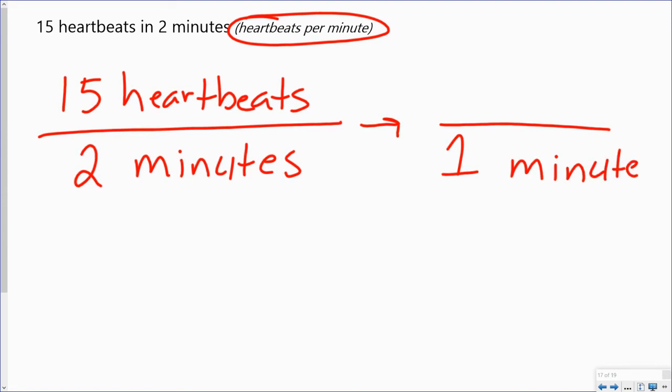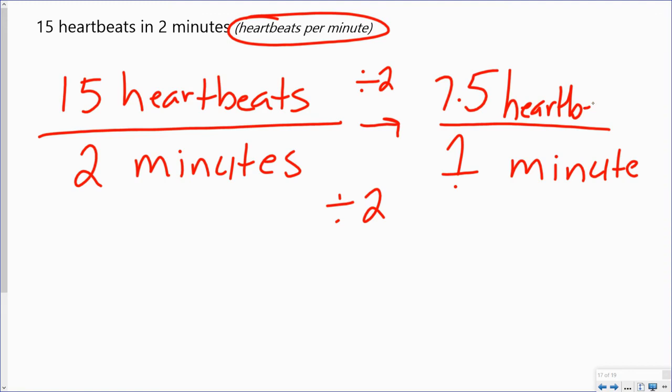To get from 2 minutes to 1 minute, I'm going to divide by 2. To get then from 15 heartbeats, I need to divide by 2. And 15 divided by 2 is 7.5 heartbeats. So that would be 7.5 heartbeats per 1 minute, or 7.5 heartbeats per minute.